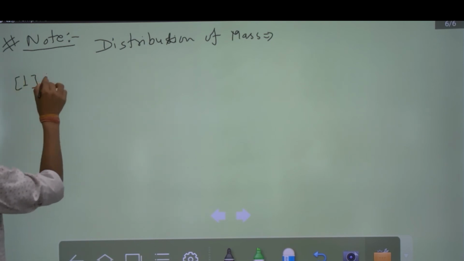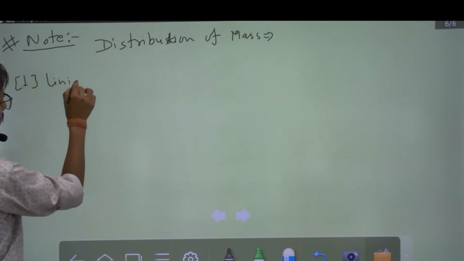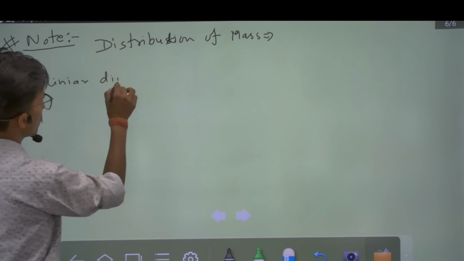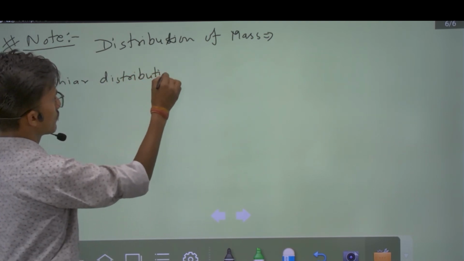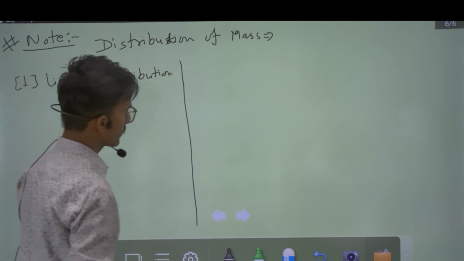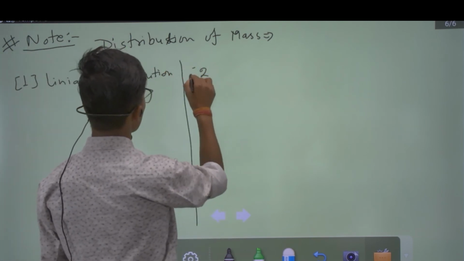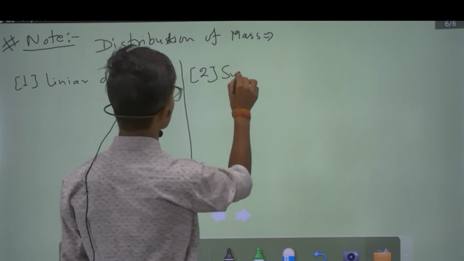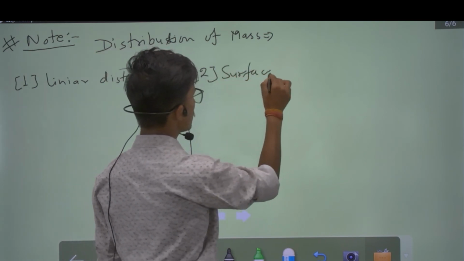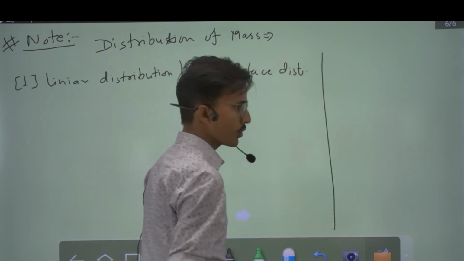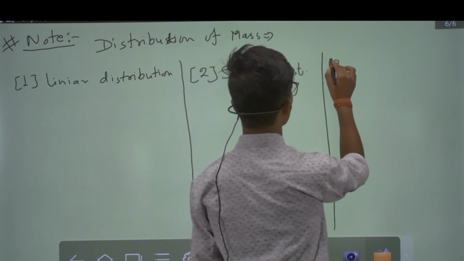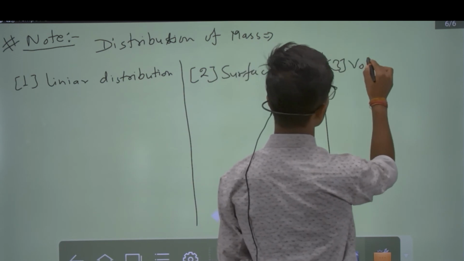First one is linear distribution. Second one is areal distribution, or you can say surface distribution. And third one is volumetric distribution.